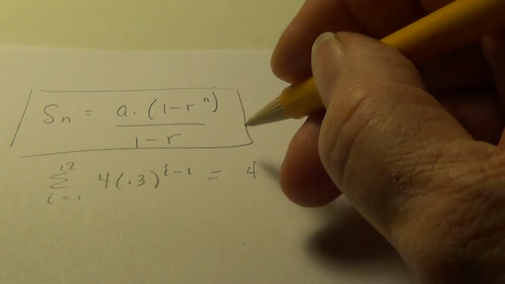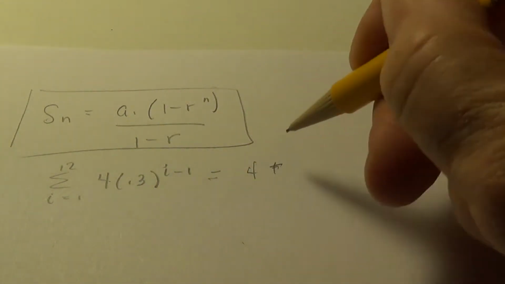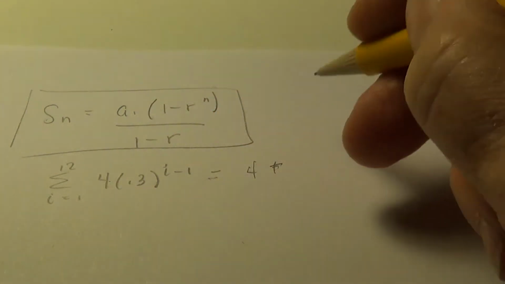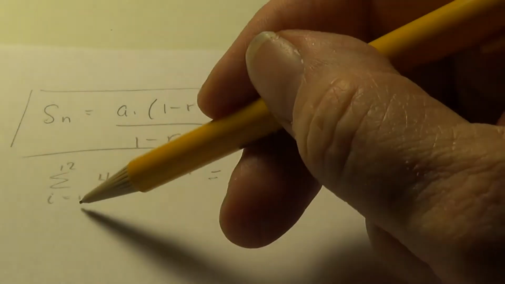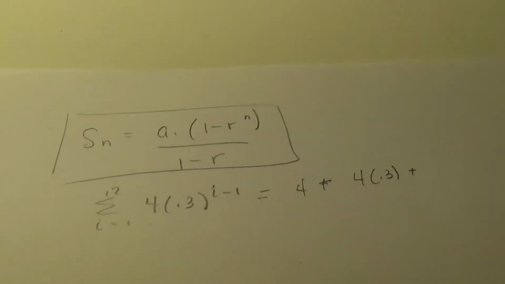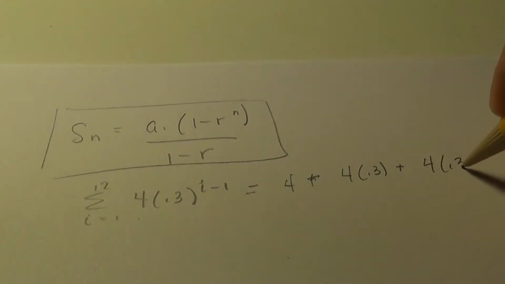So when i equals 1, it generates a 4, plus then i equals 2, where we have 4 times 0.3 to the 1. And when i equals 3, it's 4 times 0.3 to the 2.